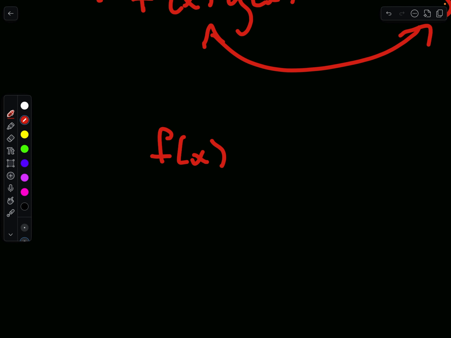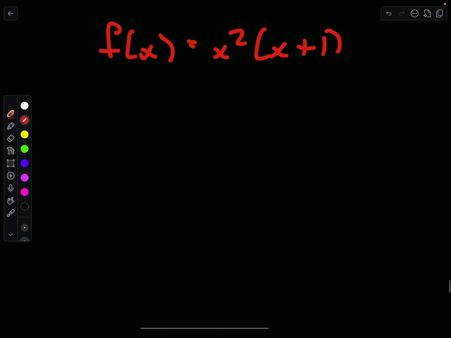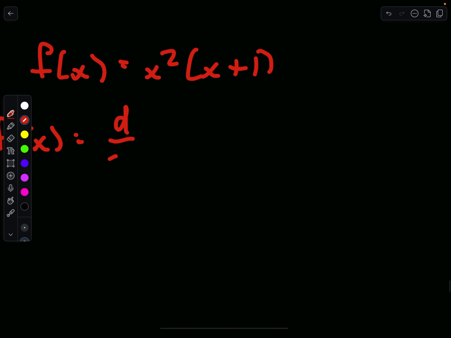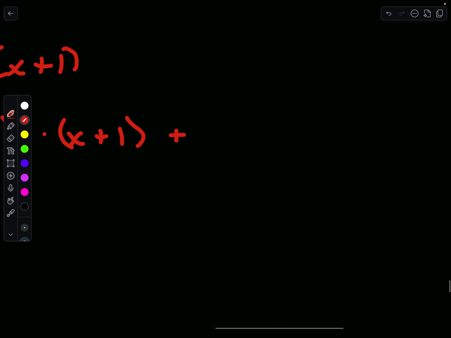If we have f of x equals x squared times x plus 1, we say f prime of x equals d dx of x squared times x plus 1, plus x squared times d dx of x plus 1.